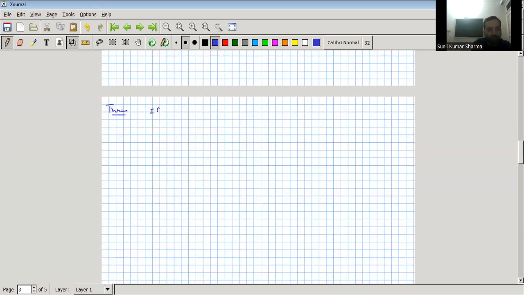If y is equal to e to the power ax sin bx plus c, then prove that yn is equal to a square plus b square to the power n by 2 e raised to power ax into sin of bx plus c plus n times tan inverse b by a.